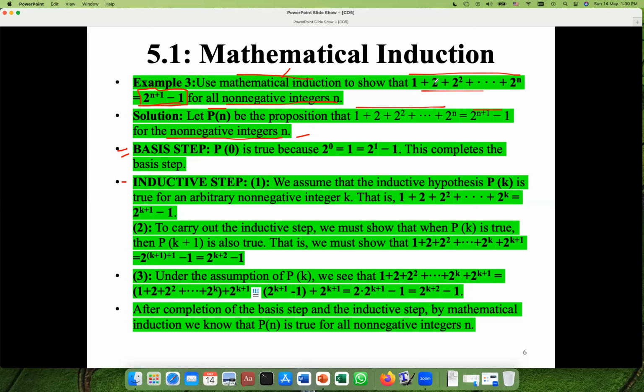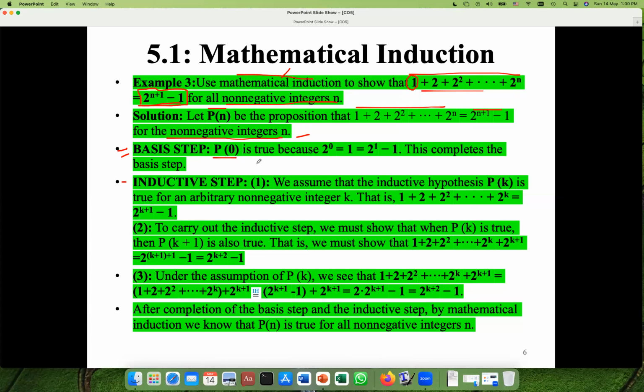This is 2 raised to the power 1, and this is 2 raised to the power 0, which is 1. So here the basis step is P(0). Your n is now 0, because this is the first number.